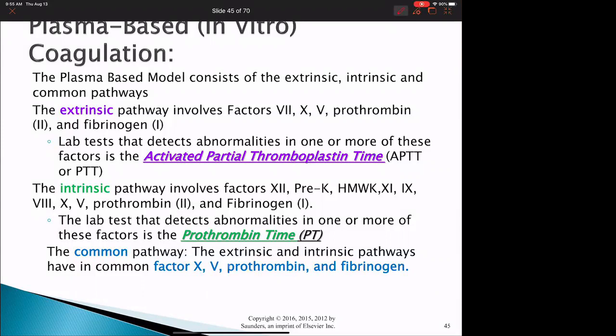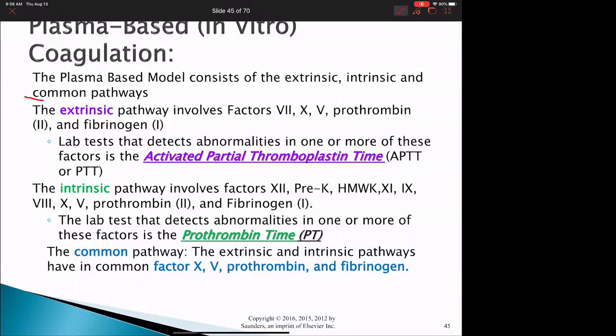So I'm just gonna go back and reiterate everything that I just said, explaining it in those pictures. So now we're gonna go over the plasma-based coagulation model in vitro. It's happening in the test tube. So the plasma-based model consists of the extrinsic, intrinsic, and the common pathway, okay?